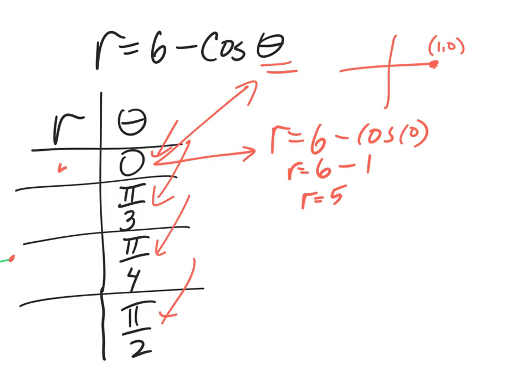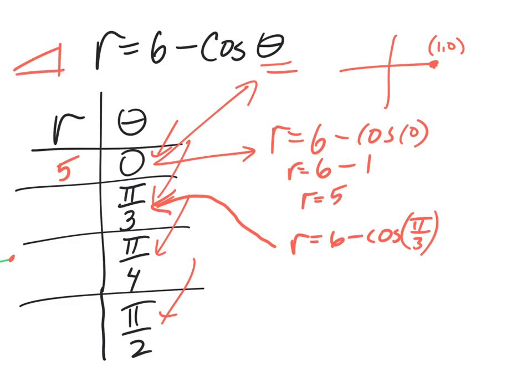And you just do that for each spot, and you plug into the next little equation. r equals 6 minus cosine of theta, but theta now for this one is pi over 3. So what's cosine of pi over 3? Better know your classic right triangles. Here's a little 30, 60, 90, where if that's 30, the other one's 60, so this is 1, 2, square root of 3.